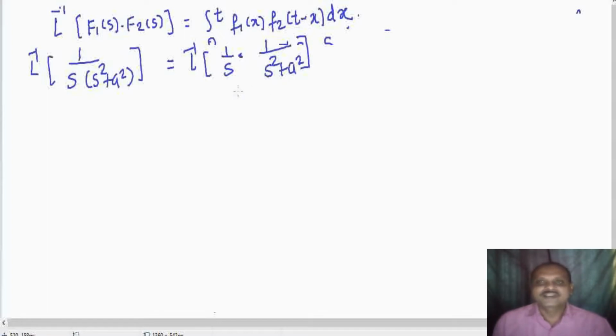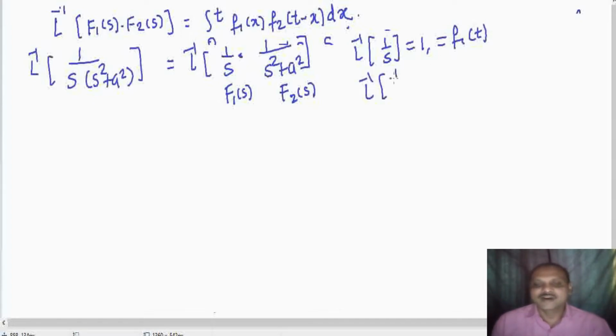So you can see that this is my first function f1 of S, and this is my second function f2 of S. Then L inverse of the first function 1 by S is equal to 1, we call it f1 of t, and L inverse of 1 divided by S square plus A square is sine AT divided by A, a standard formula, we call it f2 of t.